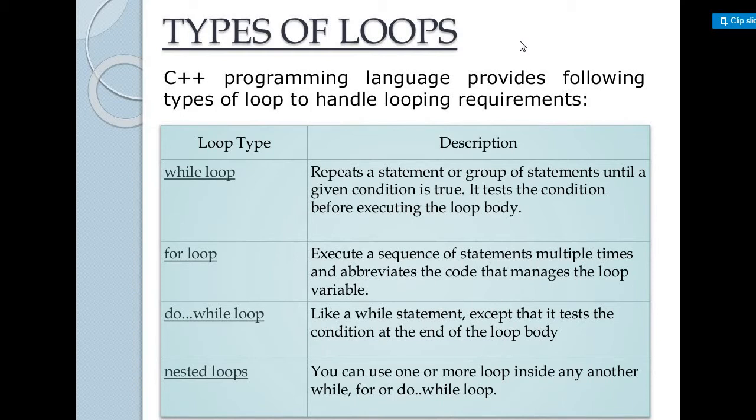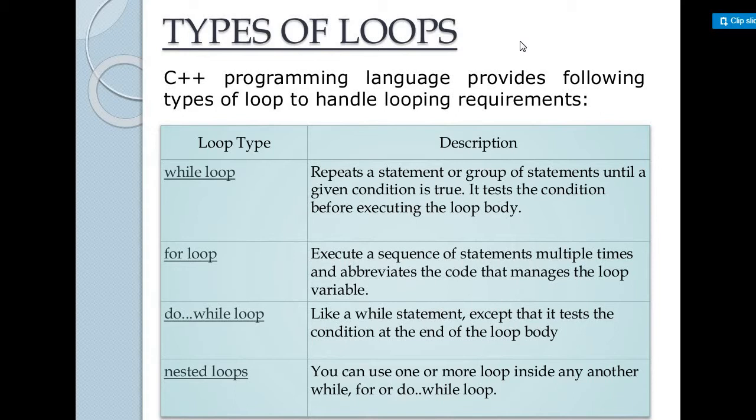Next, the do while loop. It is like the while statement, except it tests the condition at the end of the loop. The do while loop is different from the for and while loops because it is an exit control loop. It is executed at least one time before testing, and after executing it tests at the end of the loop.